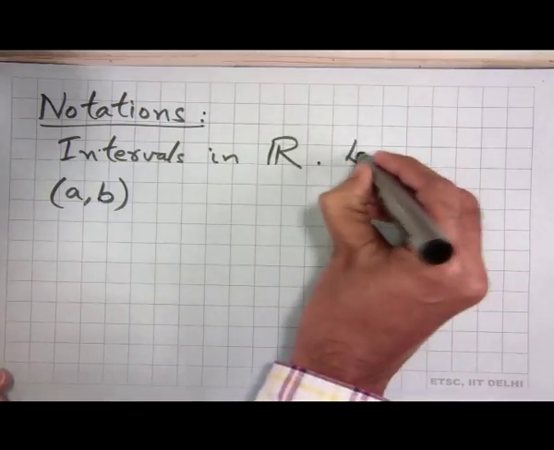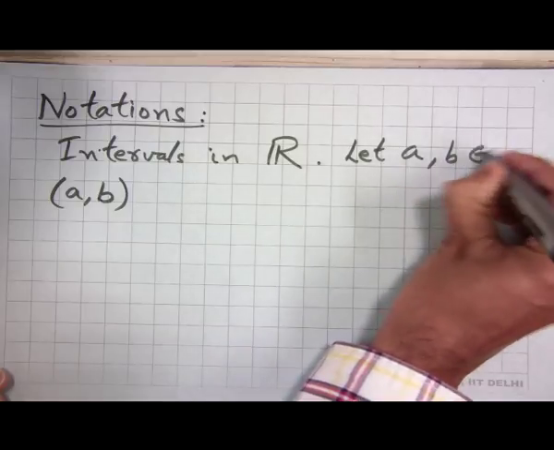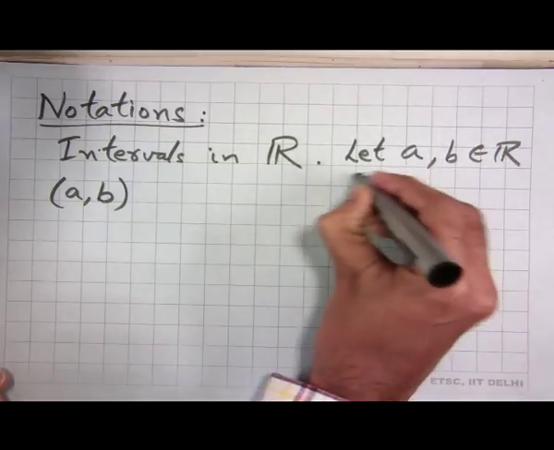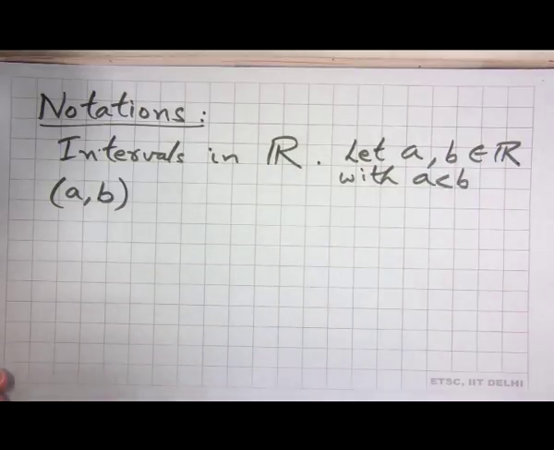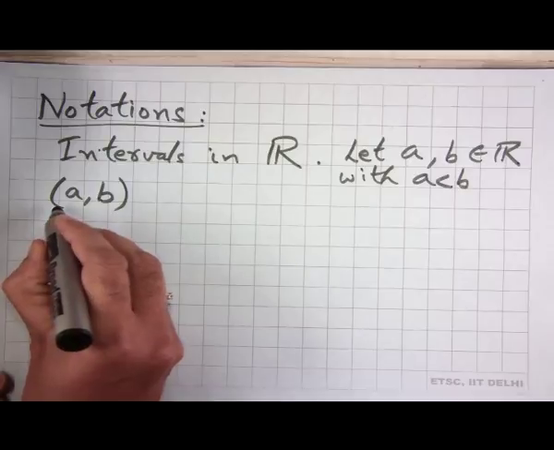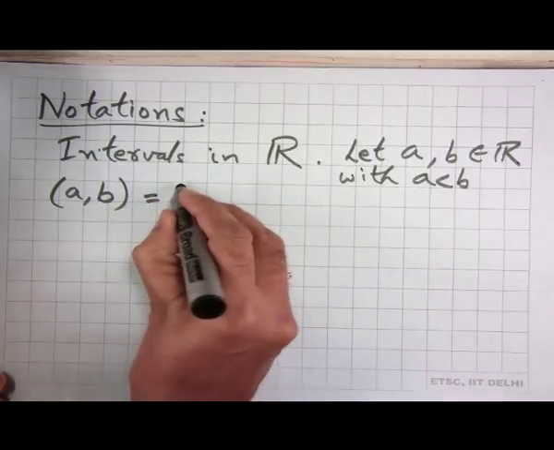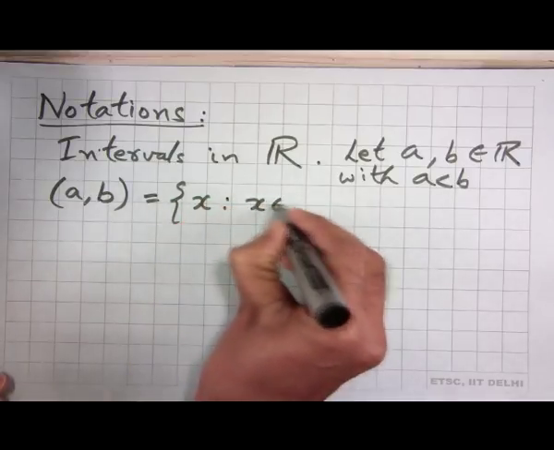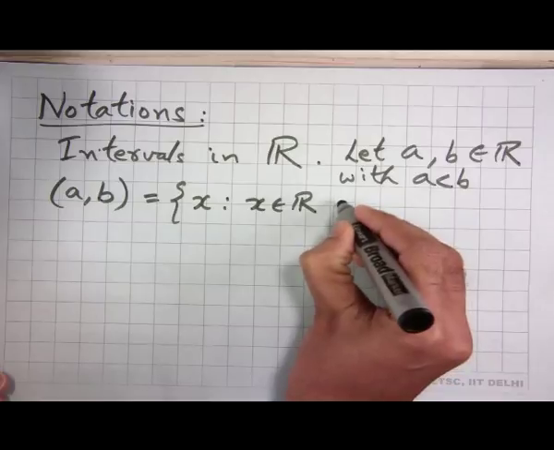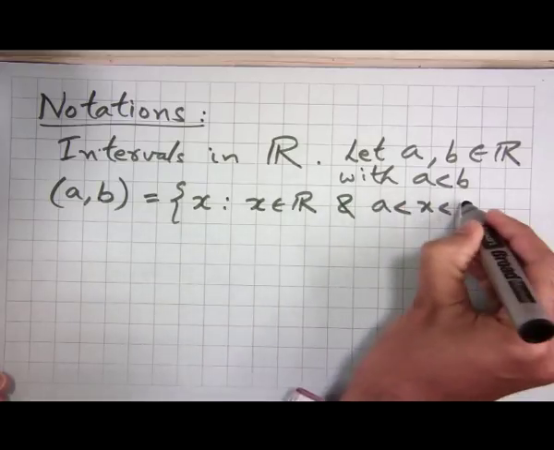Let a and b be real numbers with a less than b, then we write the interval (a, b) equal to the set of all x such that x is a real number and a is less than x is less than b.